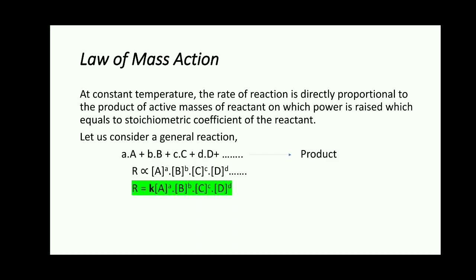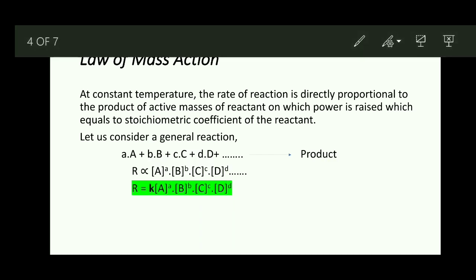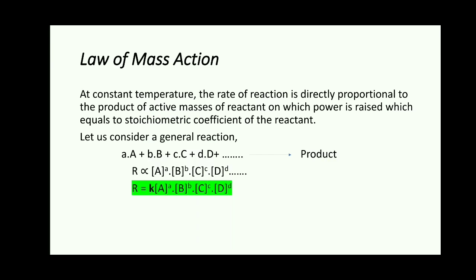So R is directly proportional to the active mass of A raised to the power a, active mass of B raised to the power b, active mass of C raised to the power c, into active mass of D raised to the power d. If this proportionality sign is removed, we introduce a constant. That constant we call the rate constant, which is very important for your board examinations again.